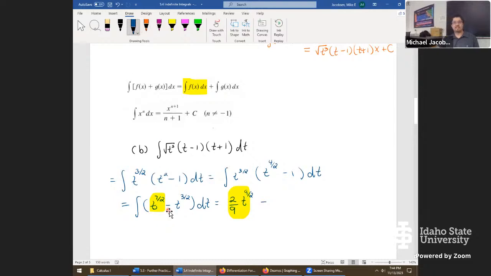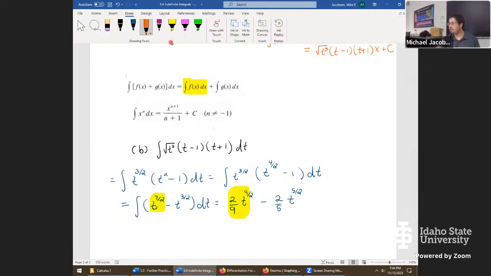So think of this as a plus and negative sign if we want it to be the exact same format. But same process, a little bit of space after the negative sign. Power is now 5/2. Multiplied by 2/5. I don't necessarily think about dividing by 5/2 or really multiplying by 2/5.